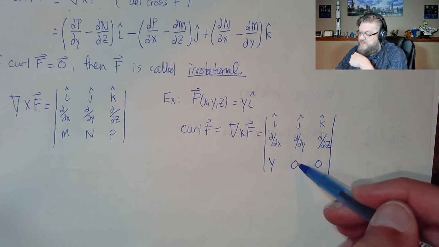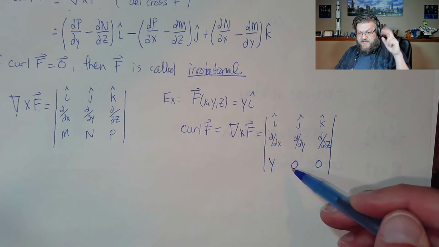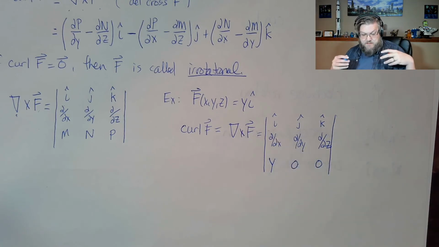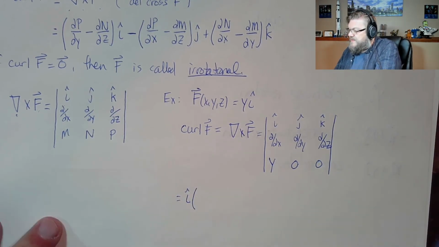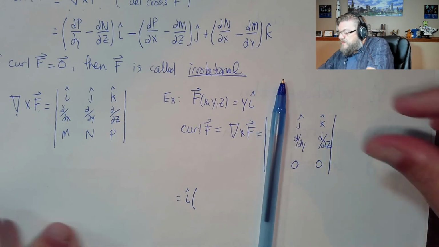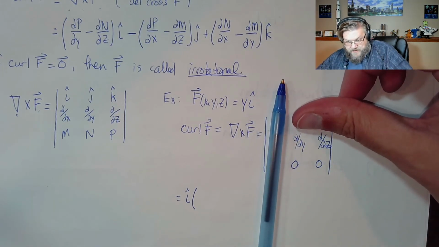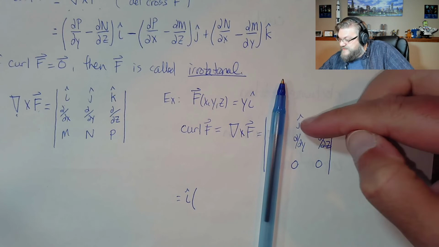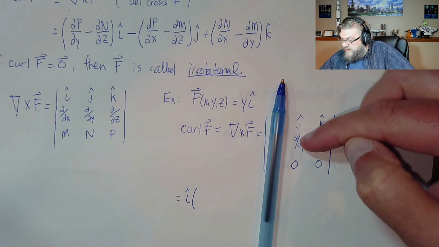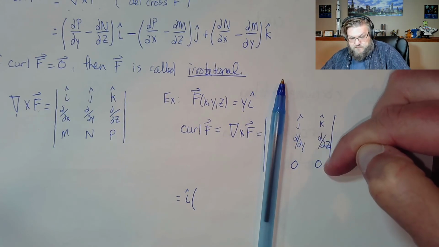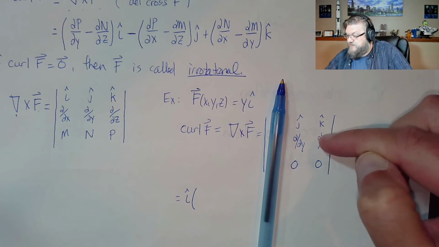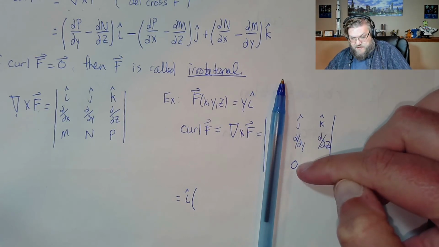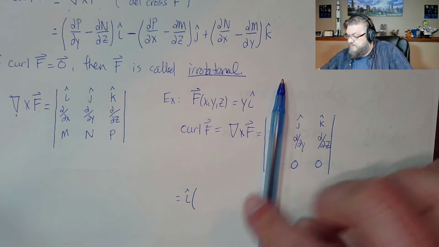And when I say this times this, times with an operator just means perform that operation. All right, so when I go ahead and do this, you cover up this column and this row. And what you're going to say here is take the partial with respect to y of 0. Well, that's 0. Minus take the partial with respect to z of 0. So I get 0 minus 0.